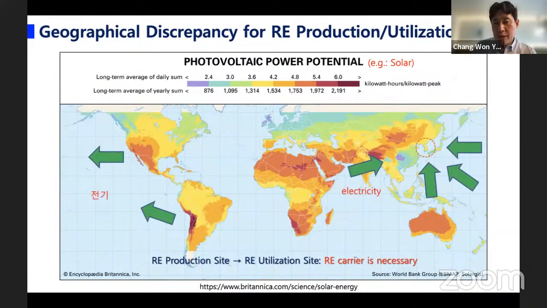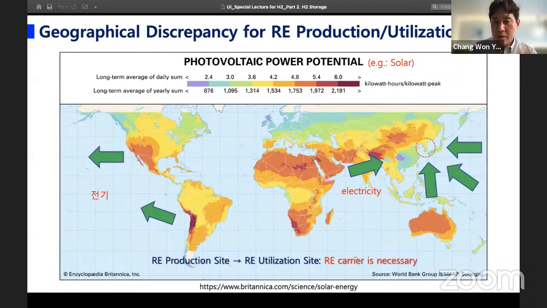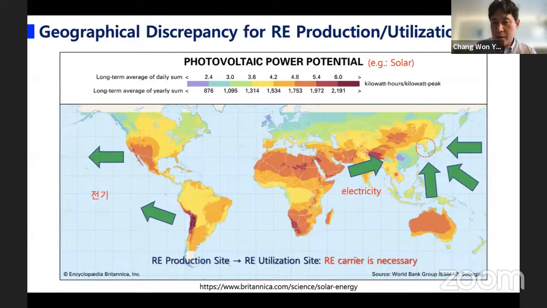Then what we need to do is deliver electricity from this area to this area, and how can we do that? That's the problem. One solution is that we can use batteries to store electricity and deliver it, but this is not realistic because battery prices are very, very costly, and the battery energy storage capacity is just very small.